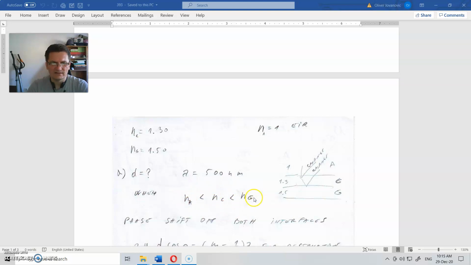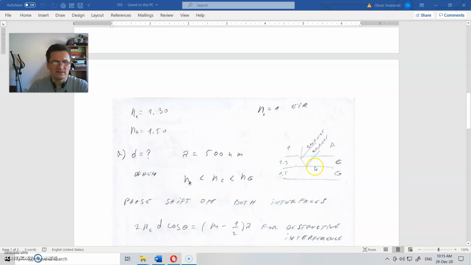We write this because there is a phase shift here, because this number is larger than this, and there is a phase shift here, because this number is larger than this. And in that case, this is the condition for the destructive interference.